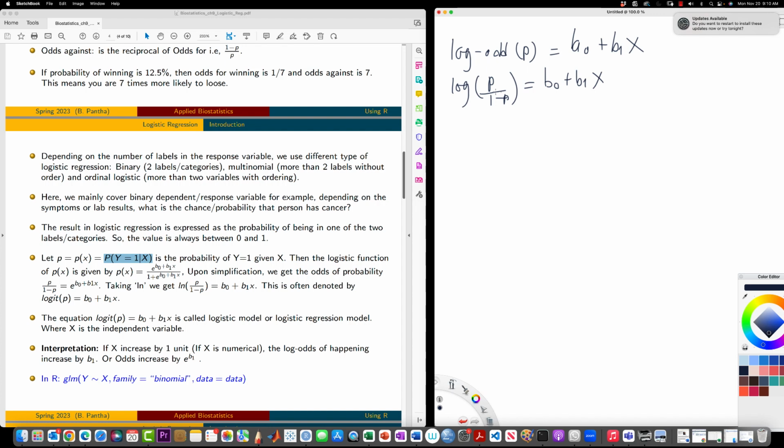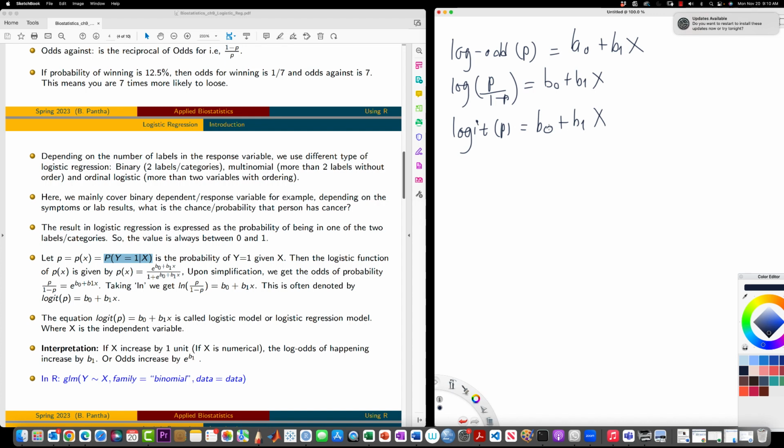That's the same equation, just different notation. And there is another notation, logit of p equals b0 plus b1x. These are the same equation written in different formats. Now how do we interpret the result?